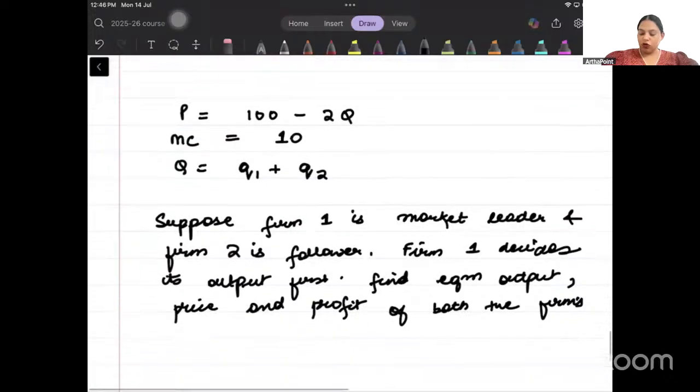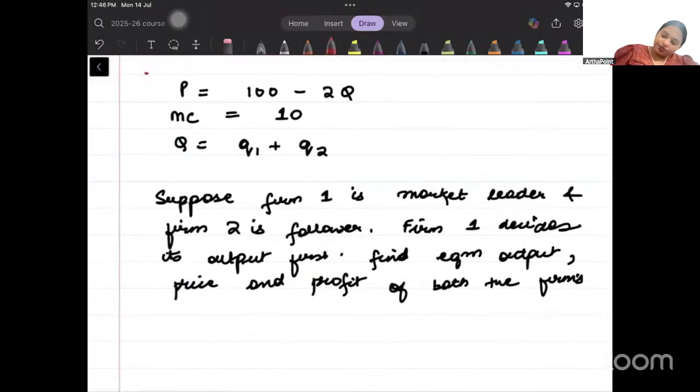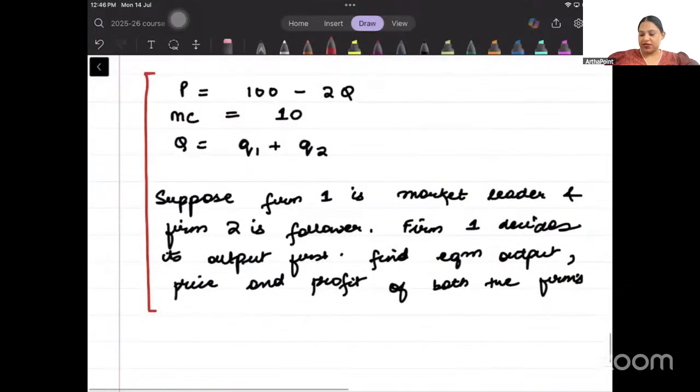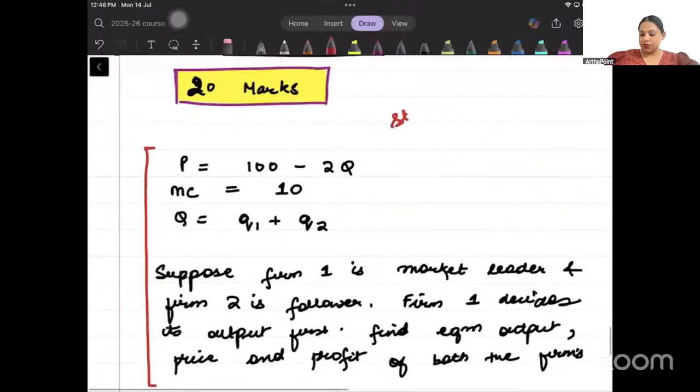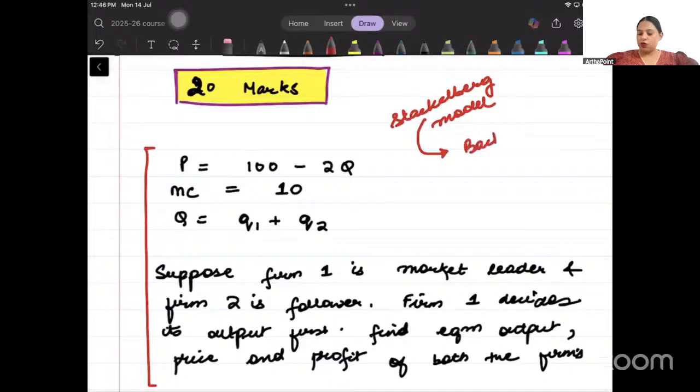So, from the wording, this should strike that it is a Stackelberg model. And from this, it should strike that we need to follow backward induction.